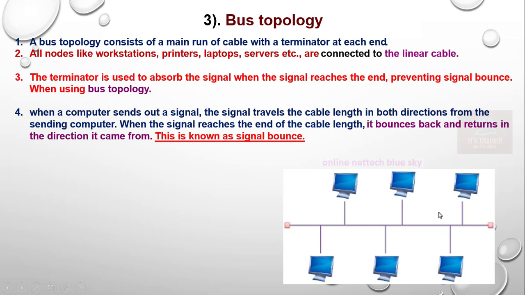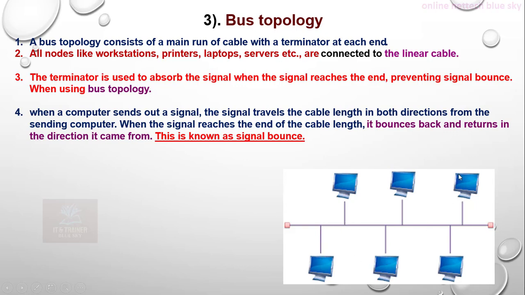So what I mean is this communication: this computer is the sender and this computer is the receiver. This computer sends a file here, first it goes here, second computer receives, third computer, fourth computer, fifth, sixth.